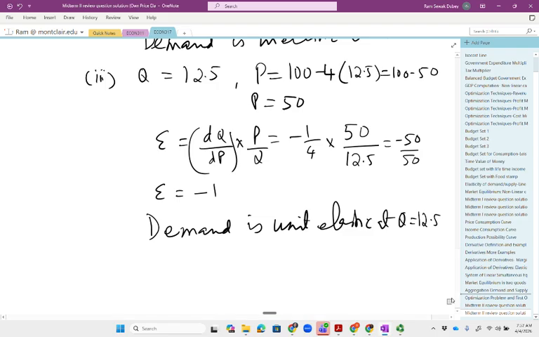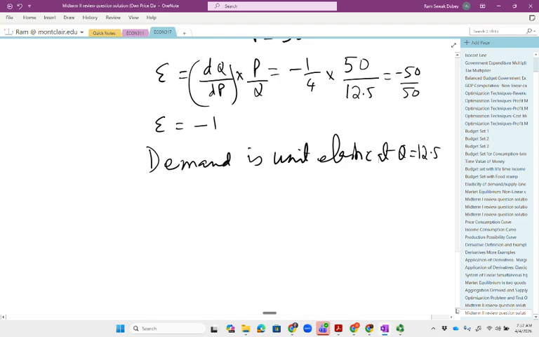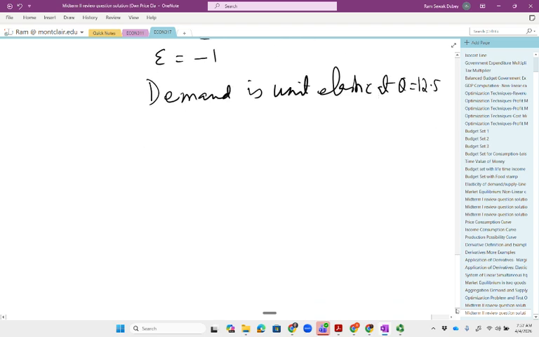So we can see that for linear demand or linear inverse demand, the elasticity depends on the price quantity pair which we are given. In this case, we found quantities at which demand is elastic, inelastic, as well as unit elastic.